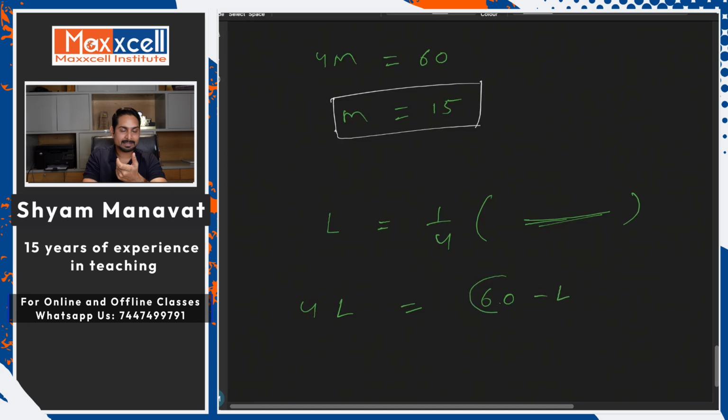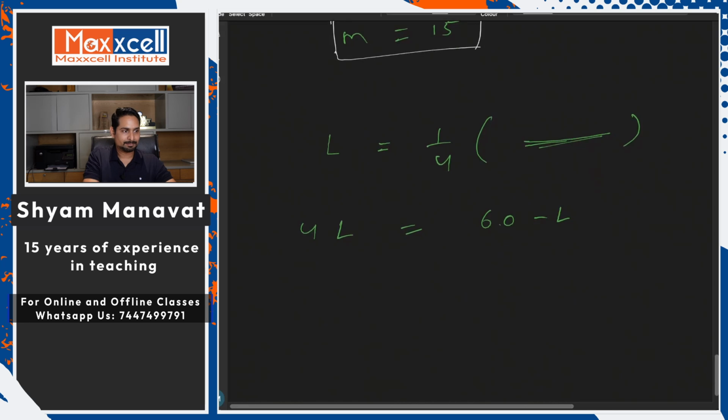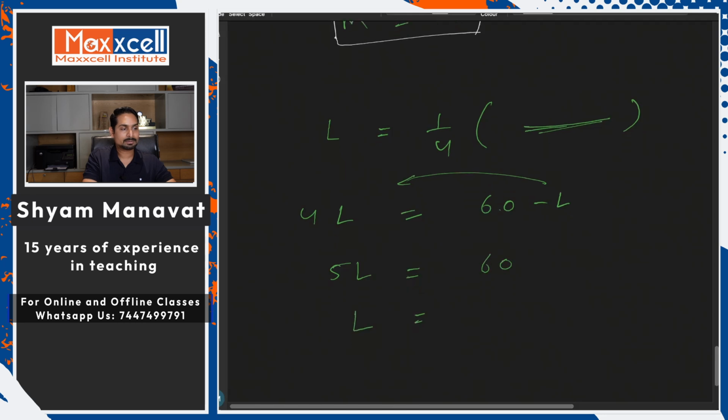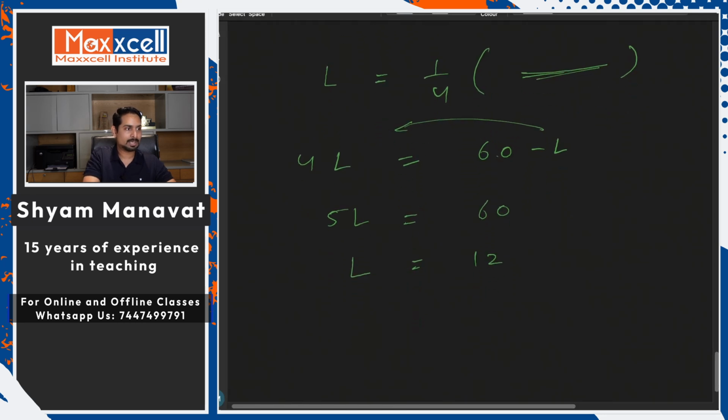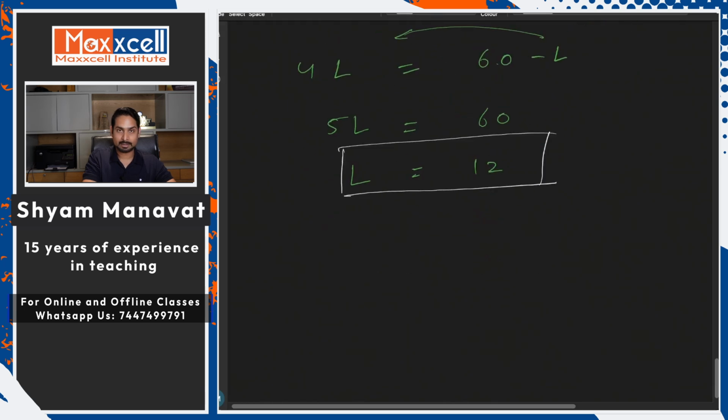All together they paid 60, so 60 minus L should be the people excluding Little. Did you understand this? Now if you simplify, L goes to this side and it becomes 5L equal to 60. L will be equal to 12. So Little paid 12.